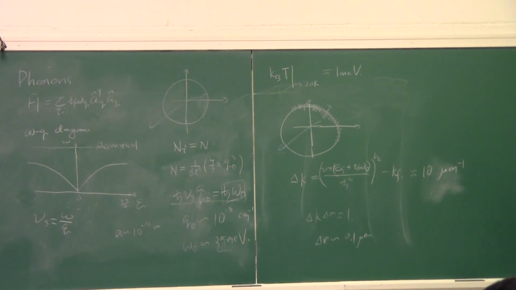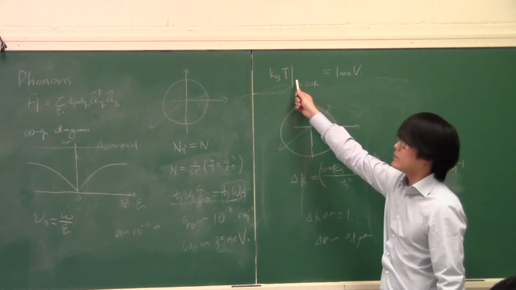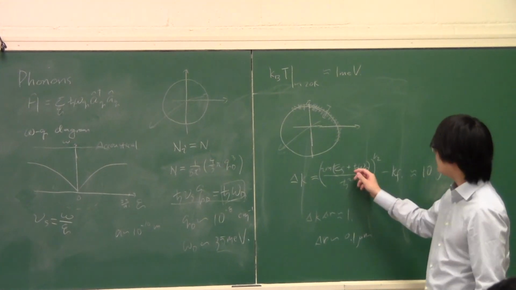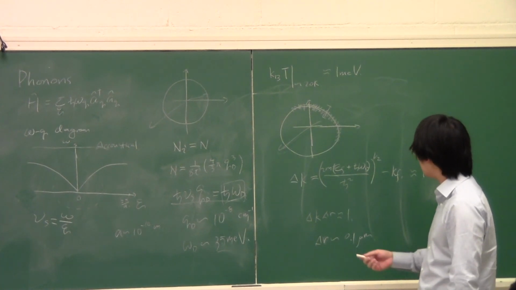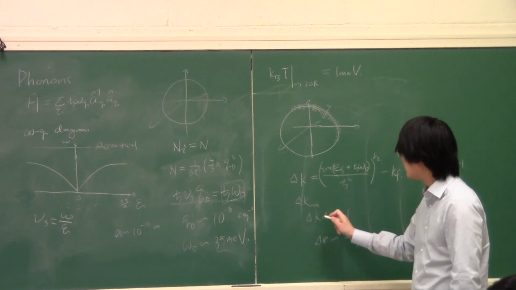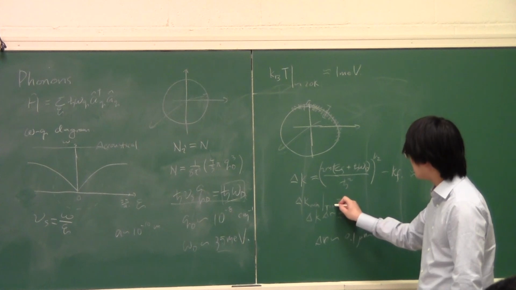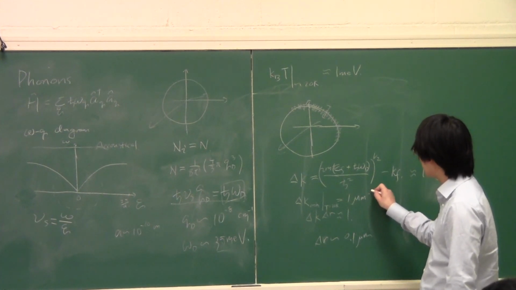The lowest possible delta K at some temperature is dictated by this k_B T, right? So if we were to do a calculation by plugging k_B T here, we find that the lower bound for delta K, delta K minimum at T equals about 20 Kelvin, is on the order of 1 inverse micron. Okay.